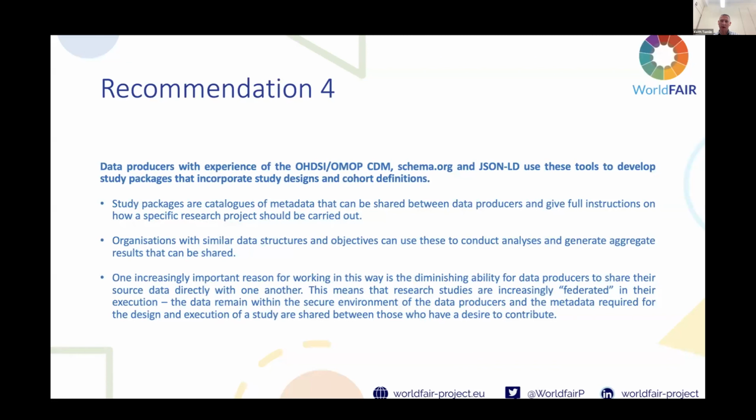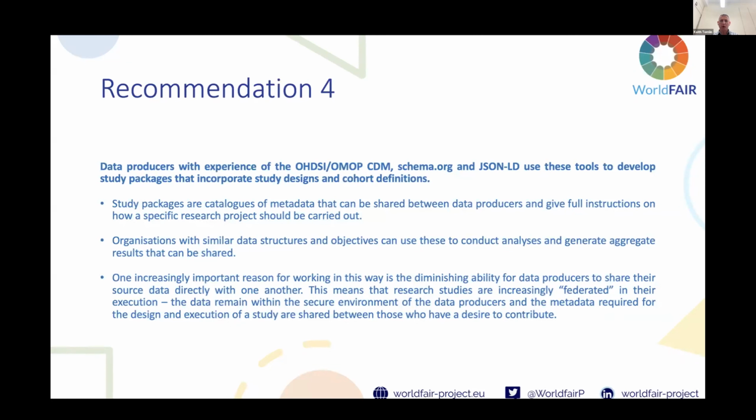You submit queries to the data, you get responses back, but you have no contact with any of the individual level data. You may come across the term federated analyses, and this is essentially what we're talking about: the data remain where they have been created.